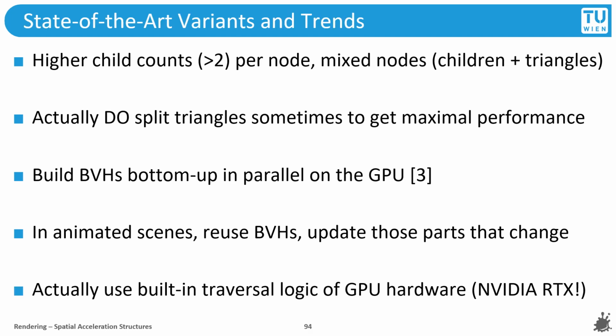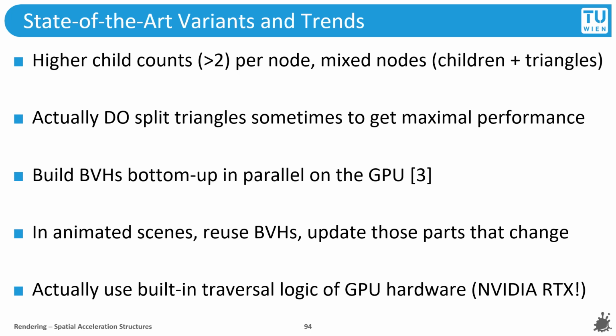And if you're curious regarding the variants and trends that are currently going on in research with relations to BVHs that we did not talk about today, here are some examples. For instance, there are BVHs with higher child counts per node, meaning that inner nodes can have more than 2 children.